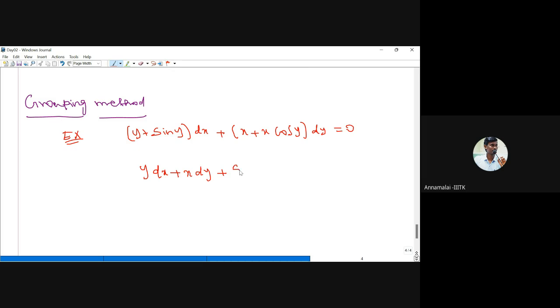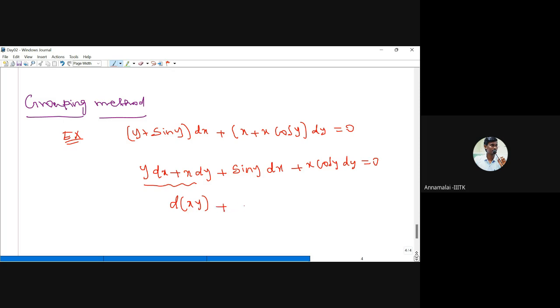So here and then sin y into dx plus x cos y dy equal to 0. Now the first two terms we can write as d of xy, because if we fix x and differentiate y, if we fix y and differentiate x, we get y dx plus x dy. Therefore this is nothing but d of xy.